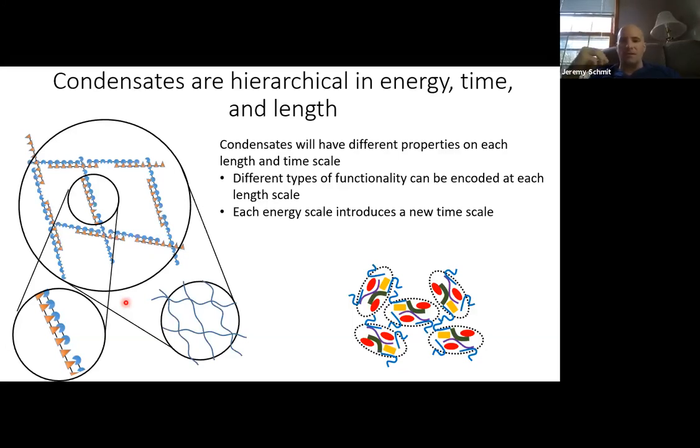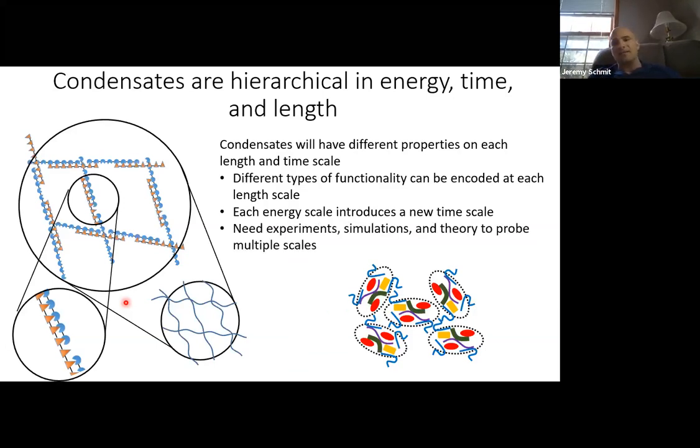So you're going to see different behaviors depending on whether you're probing the strong interactions or the weak interactions. Properties change on length scales, time scales, and energy scales. The bottom line is that to investigate these systems, we're going to need experiments, simulations, and theory that are able to probe these systems on multiple different scales simultaneously.